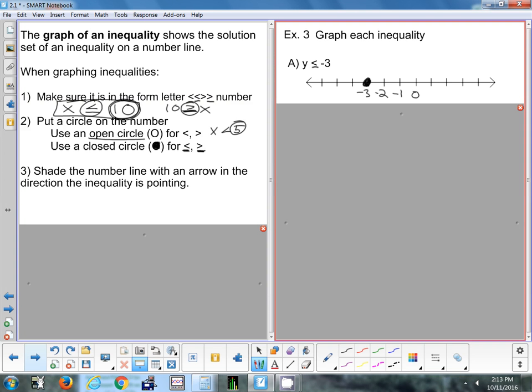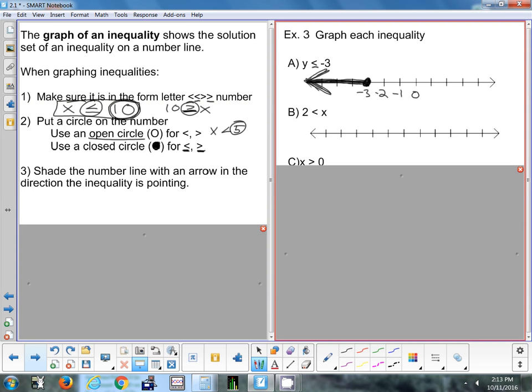Okay, so that's pointing to the left. So we're shading this way. All right, so that's the direction that has all numbers less than -3. Remember, less than is left. Okay, any questions on that one?